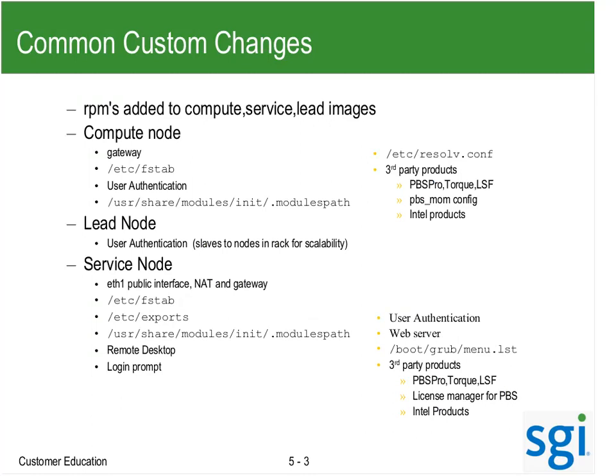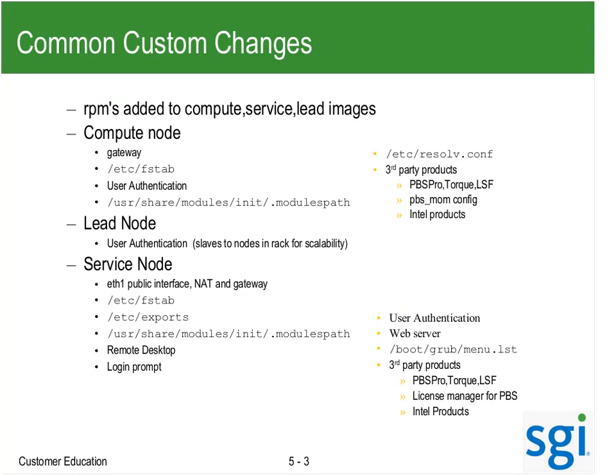Of course, editing by hand introduces errors, and I like errors. I'd rather see them now and let you catch a typo. So once those RPMs are added into the repository, and then with cinstallman you rebuild the images with those RPMs added, then we're going to customize the compute node.